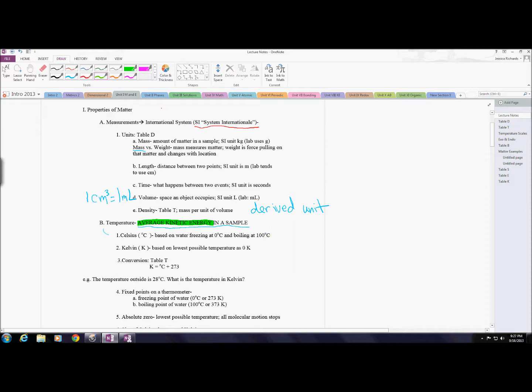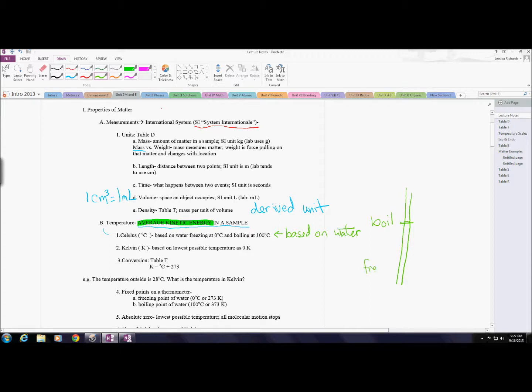So we have the Celsius scale, which is based on water. The Celsius scale was based on the temperatures that water boils and freezes at. So they took the boiling point and on their little thermometer they marked it.